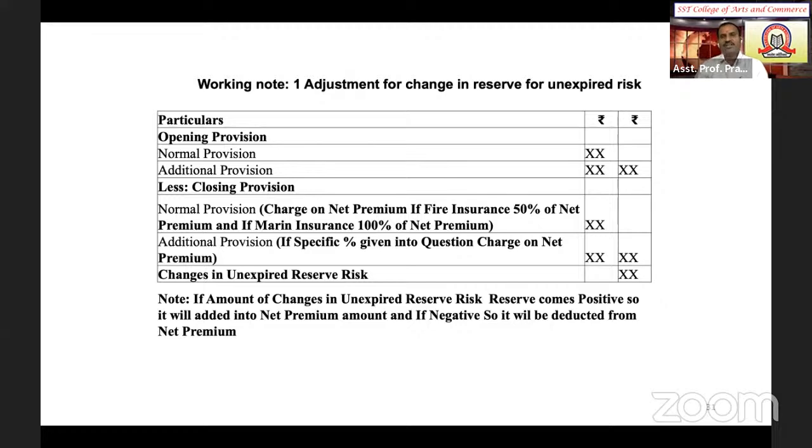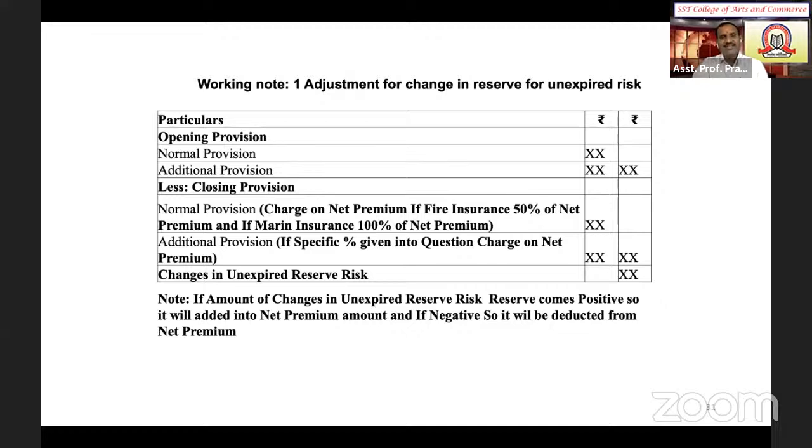If your amount comes positive, it will be added to your net premium amount under schedule number 1. And if it comes negative, it will be deducted from net premium. Now here many students start with closing provision. From that closing provision, they minus opening provision.